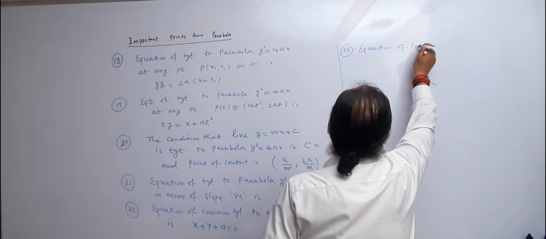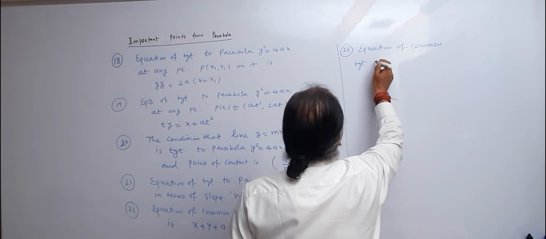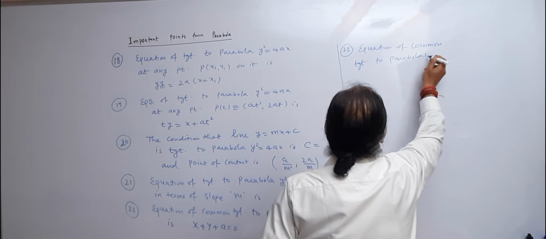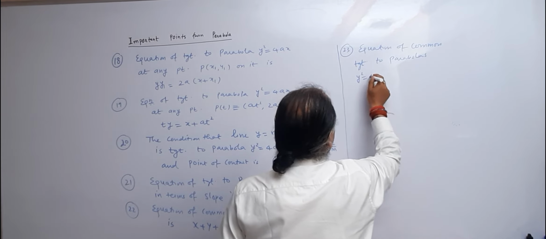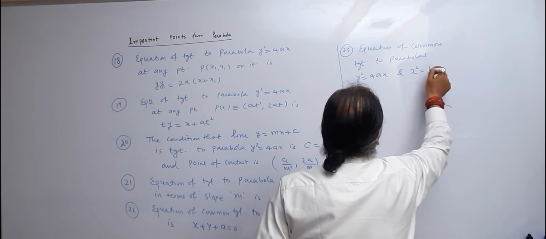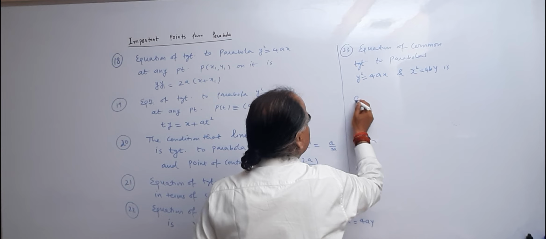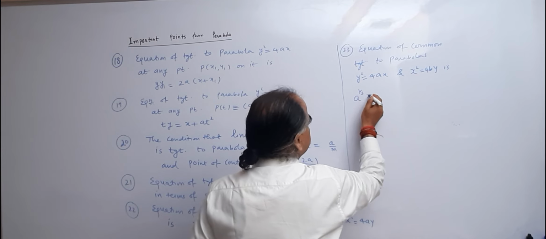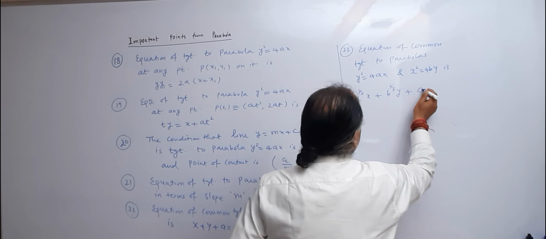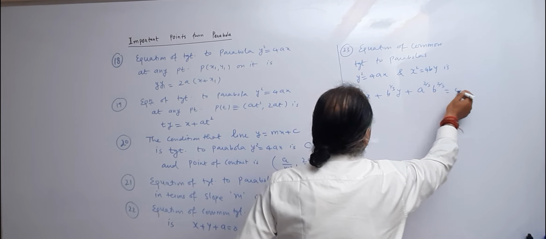Equation of common tangent to the parabolas y square is equal to 4ax and x square is equal to 4by is a raised to 1 by 3 x plus b raised to 1 by 3 y plus a raised to 2 by 3 into b raised to 2 by 3 is equal to 0.